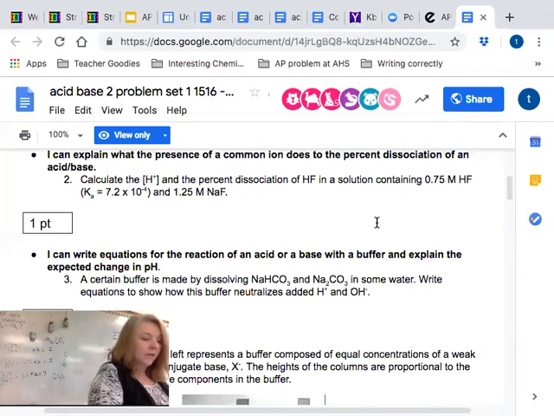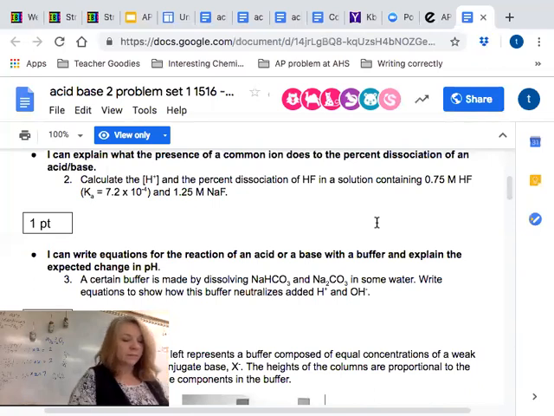Okay, and we have 0.75 molar solution of HF, so there's our acid, and we have a 1.25 molar solution of NaF. Notice you recognize that Na is not going to be part of this. It's all about the F minus. And then our Ka value is 7.2 times 10 to the negative 4th.